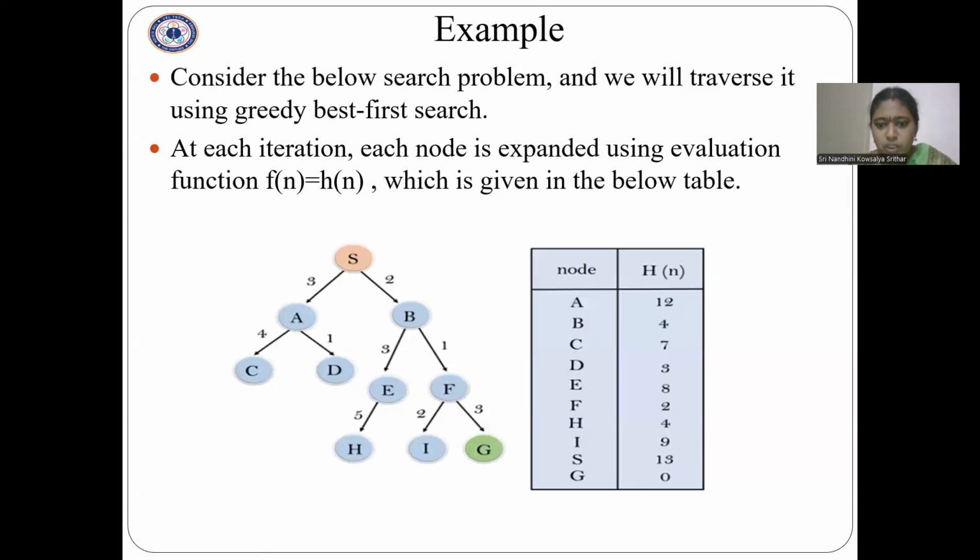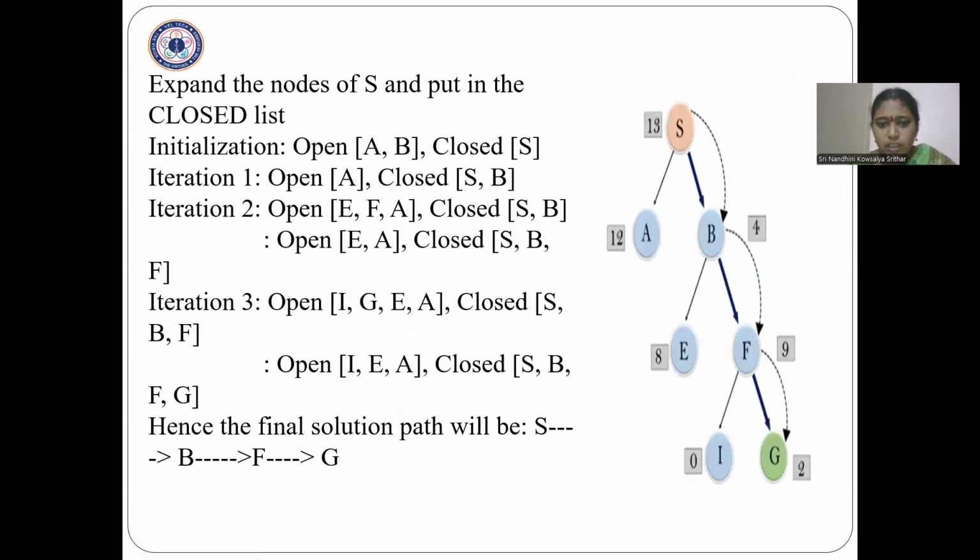Then we find the heuristic values of E and F. E has 8, F has 2. So we choose F.